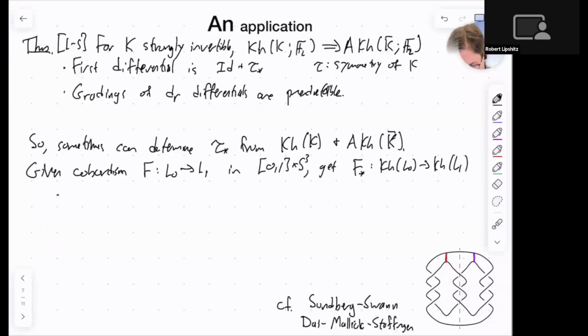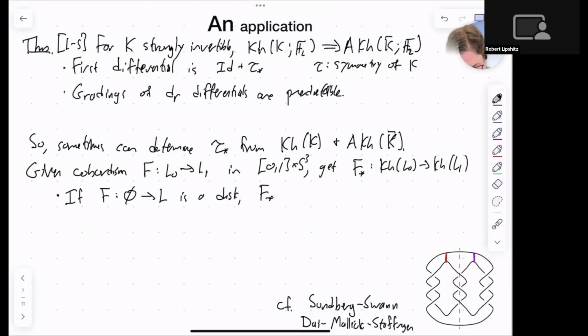And okay, those maps could always be 0. That would not be very useful for anything, but there's a non-degeneracy result for those maps. So if that cobordism is actually a disk, then there's a non-triviality result.